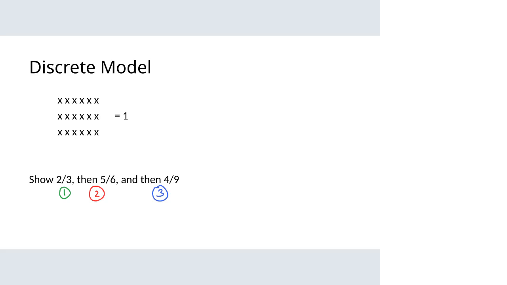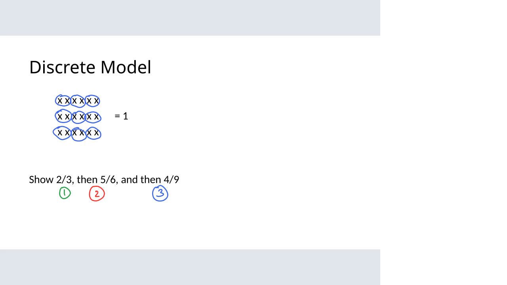To cut this into 9ths is going to be pretty hard to do, because I saw that I could cut it into thirds by looking at the rows, and I could cut it into 6 by looking at the columns. To cut it into 9ths, though, is pretty clumsy. I'm going to have to make little groups of 2 so that I have 1, 2, 3, 4, 5, 6, 7, 8, 9.